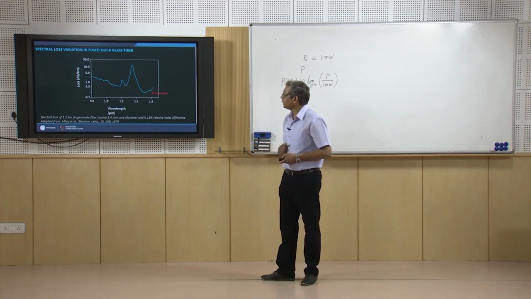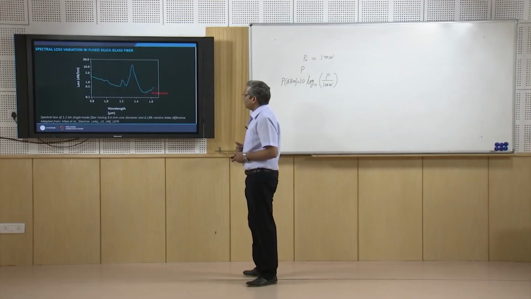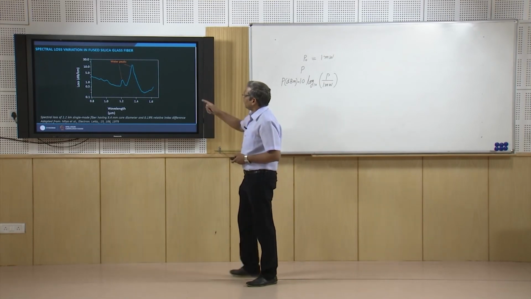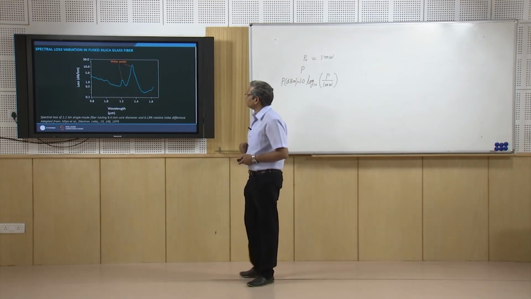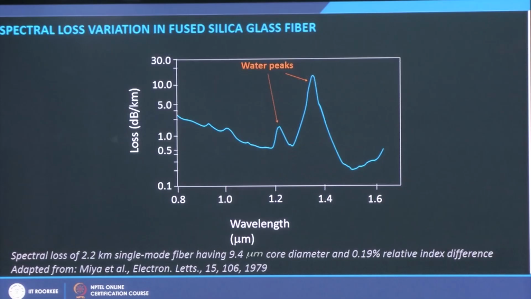Another trend that I see is infrared absorption. It is the tail of infrared absorption which extends into this region, and these two very high peaks are water peaks, OH ion absorption. Here I have the lowest loss at 0.2 dB per kilometer, which occurs at 1550 nanometer wavelength.